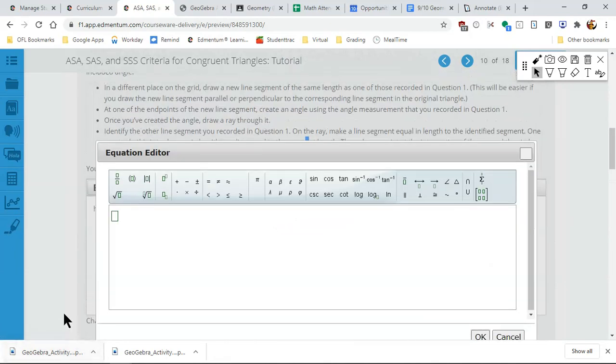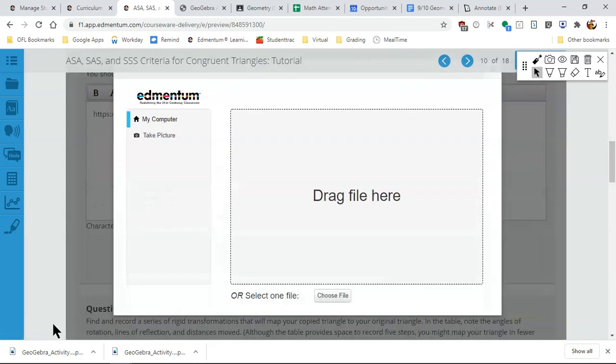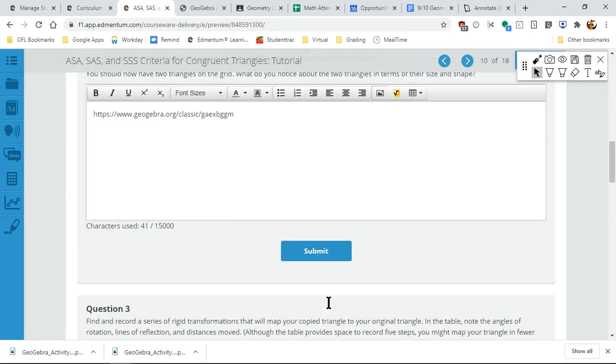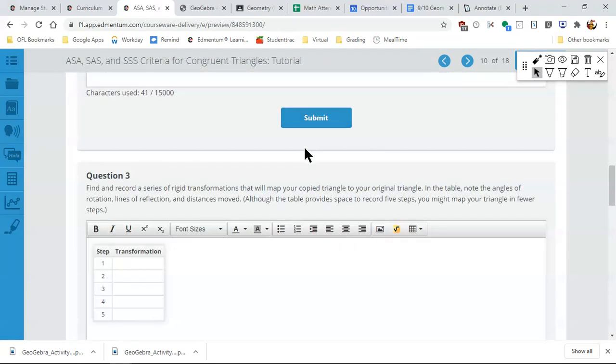What it does is it saves it here. So instead of me having to look for it like I did with the first one, I can literally grab this and put it in here. So you can search for it by the computer, or if you're lucky enough to have this saved here, you can just drag it and move it over. Don't forget to click submit because I know Edmentum keeps logging people off.